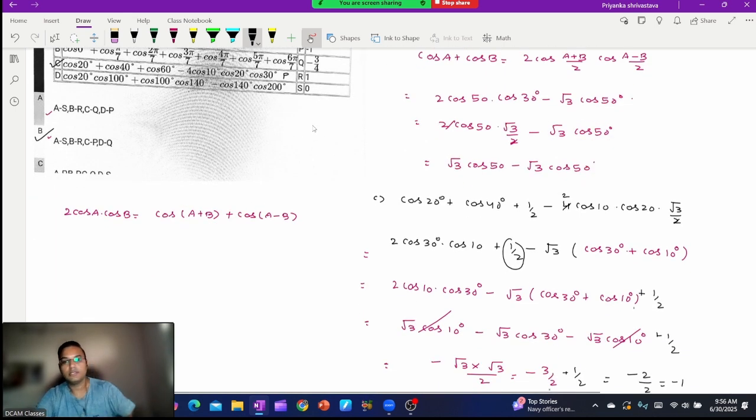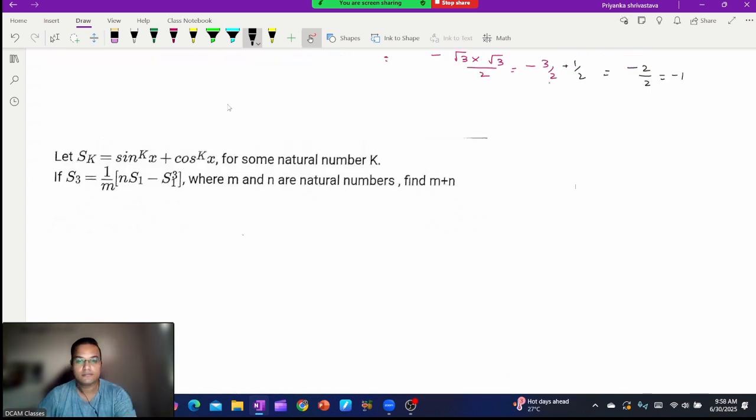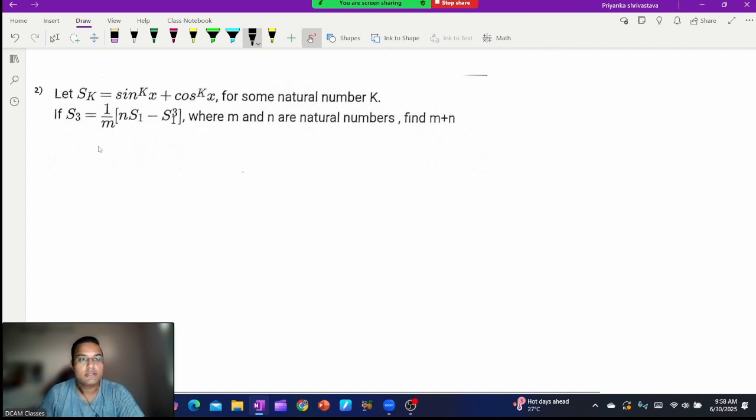Now let's come to the second one. This is our second question. Let's solve it. The question is this: for some natural number k, Sk is given as sine power kx plus cos power kx.